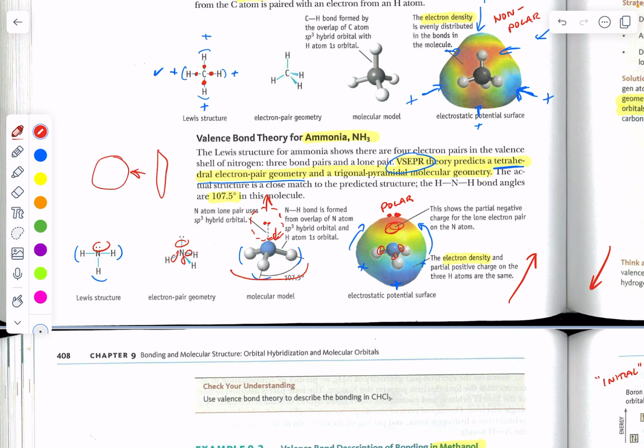Instead, it's more rounded because there's not 2 positive areas that are stretching the electron region into a narrow area, which we would call a bond. Therefore, this pushes on the shared pairs and pushes them a little closer together. And so we move from 109.5 to a little bit less, which is 107.5.